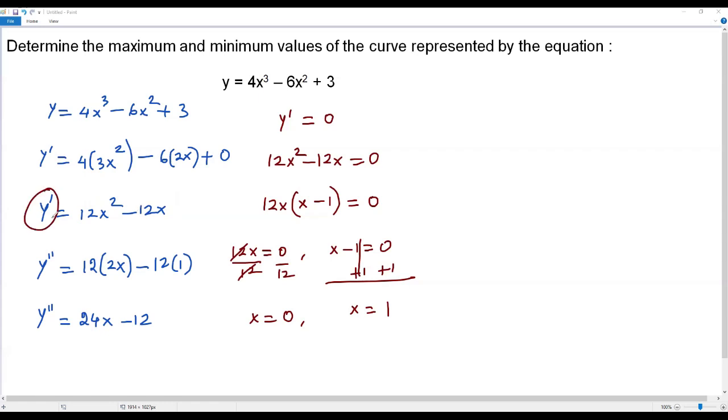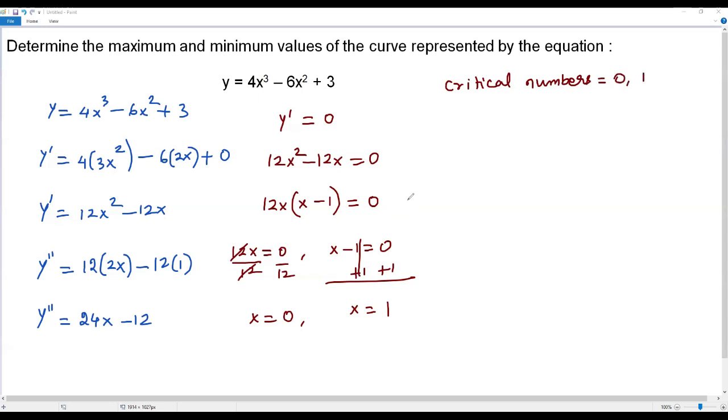So there are only two critical numbers, 0 and 1. Critical numbers equal 0, 1.